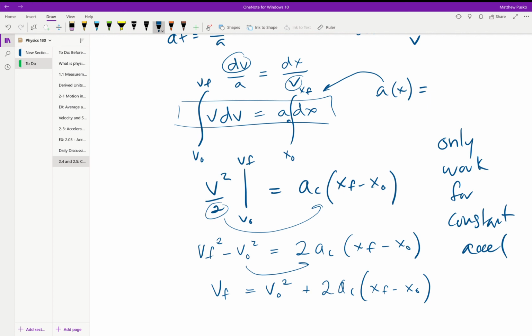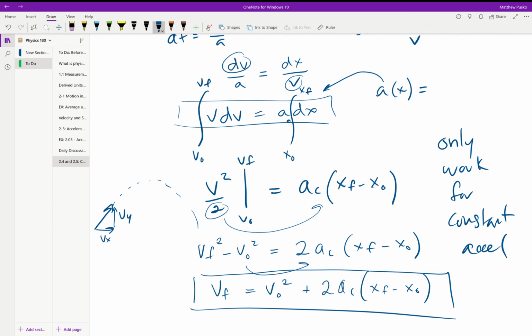So projectile motion is a great example of this. When we shoot something out of a cannon, it has a y component, we'll learn, and an x component, some vx and some vy. We have to treat each component differently, and we're going to use these kinematic equations for each.